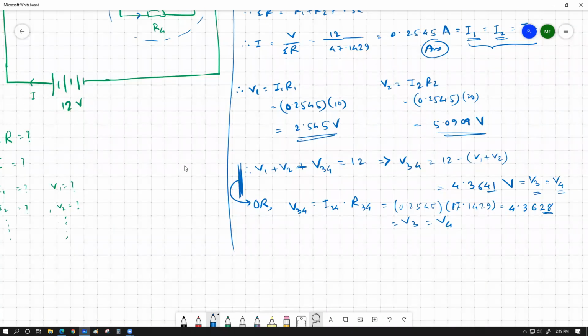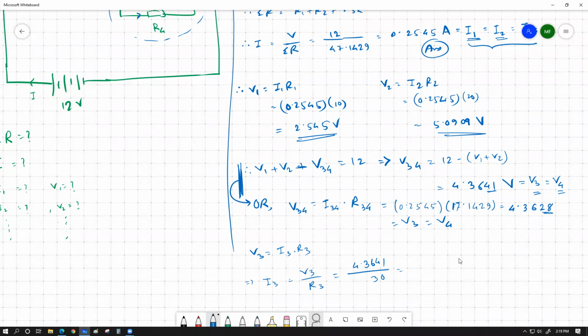So we have these two numbers over here, and once we know the value of V3 and V4, it is very simple to calculate I3 and I4. I'm going to write the equation for resistance 3. V3 equals I3 R3. From this equation, if we make I3 the subject, we get V3 divided by R3. I'm going to use the top one. It's going to give me the same number for 3 SF at the end of the day, so it's not a big deal. 4.3641 divided by 30, so whatever you get over here.